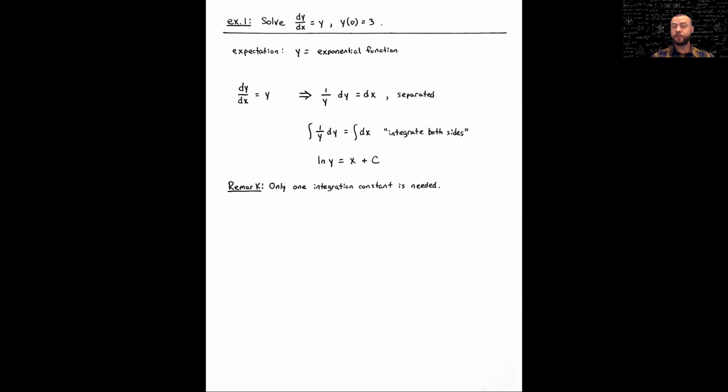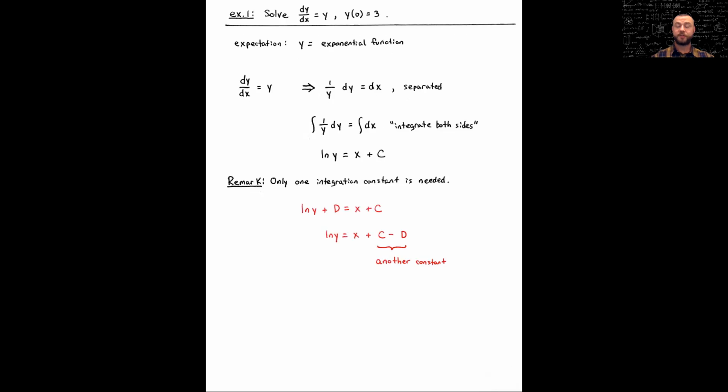I'm always going to include that on the right side, the integration with respect to x side, just for consistency. Let's take a look at what happens if we included 2 integration constants. It's not wrong to do that, but let's see. So let's say we integrated the left side and we got natural log of y plus a constant d. The right side is still x plus c.